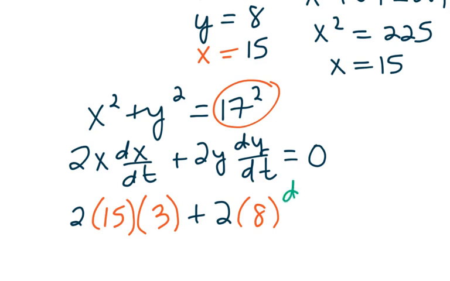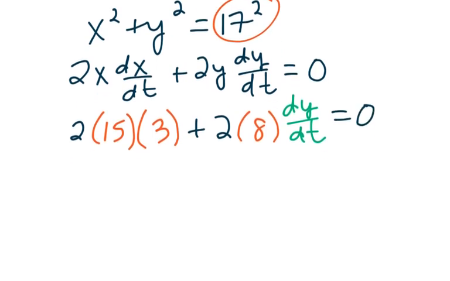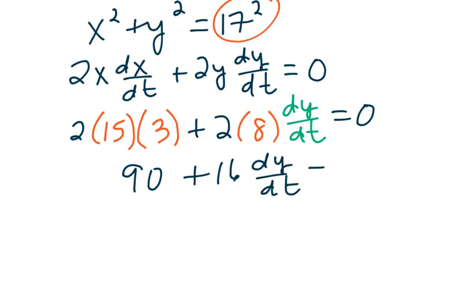Remember, I don't know dy/dt, but that's what I'm looking for. And that equals 0. Let's simplify a little further. 2 times 15 times 3 is 90, plus 16 dy/dt equals 0.